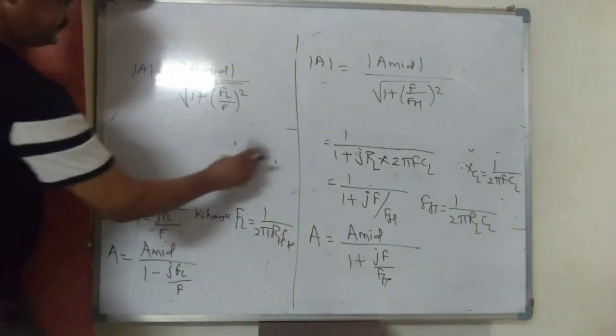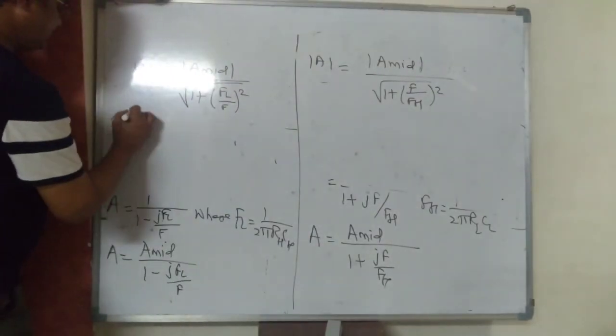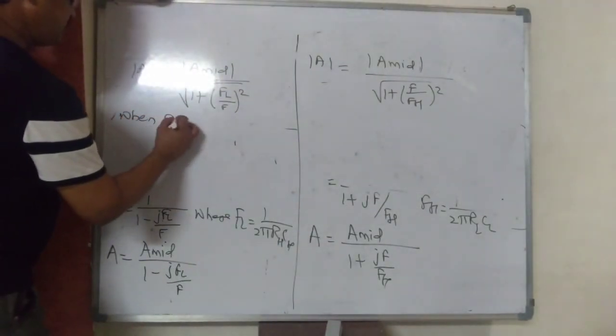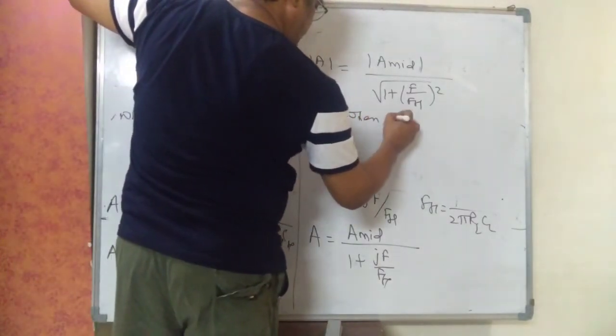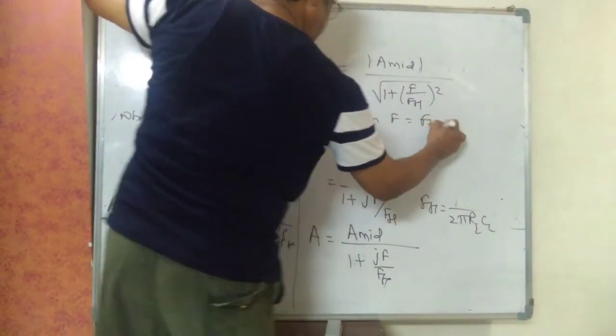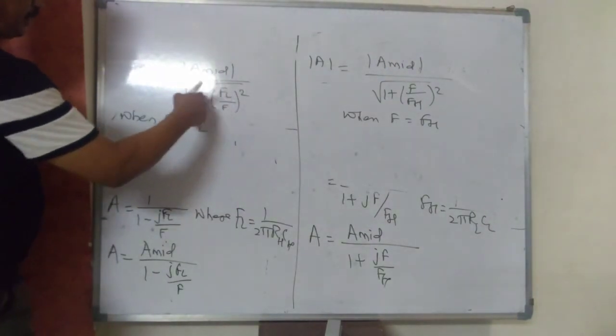And last step, when F is equal to FL, and here when F is equal to FH, the gain is 1 under root 2.